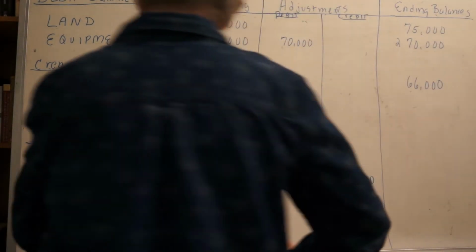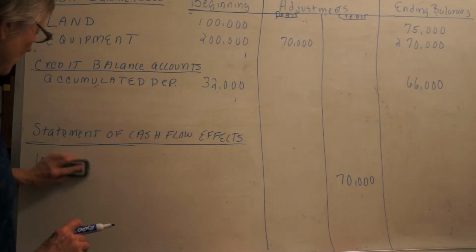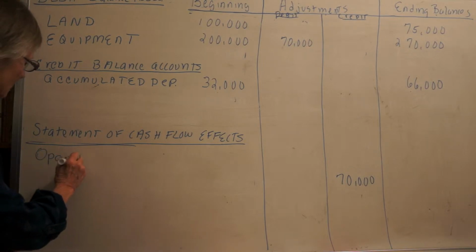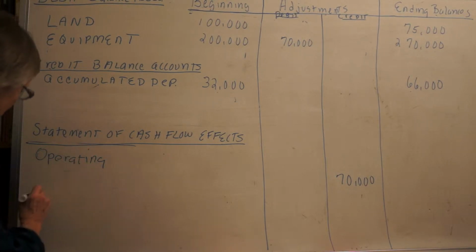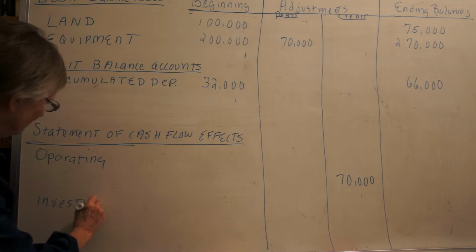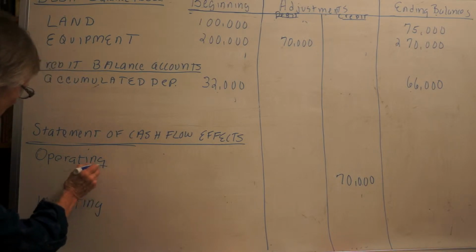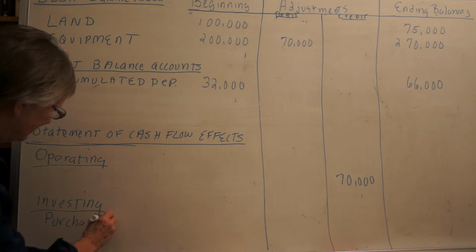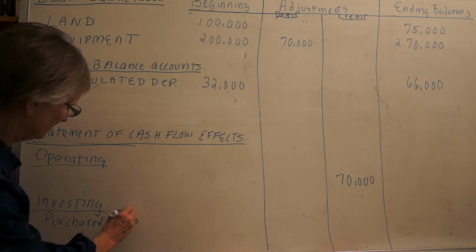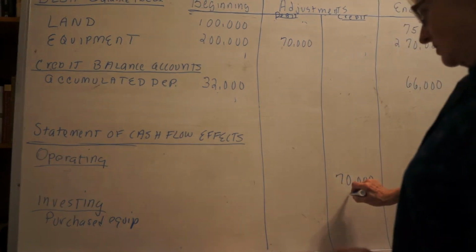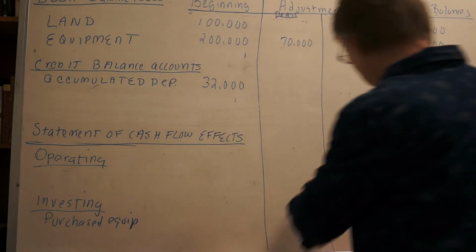And I've got to rework this just a little bit because we do need the operating section for this, and we need the investing section. Okay, so we've got our operating and our investing. I'm going to put back that we purchased equipment, and we purchased it for the 70, this is going to come down.